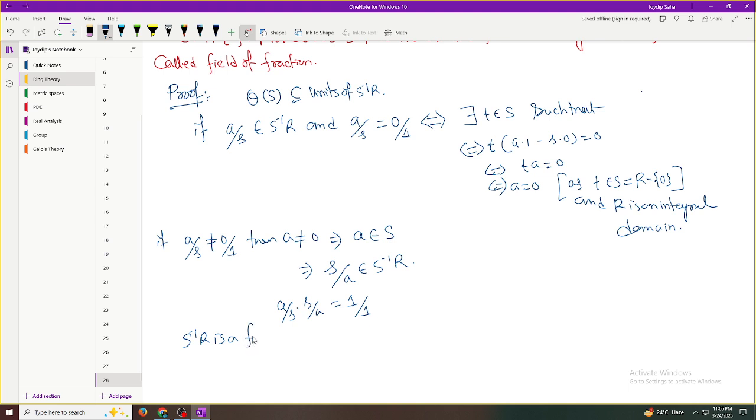The field. S inverse R is a field. As R is an integral domain, theta from R to S inverse R, x goes to x by 1, is injective.